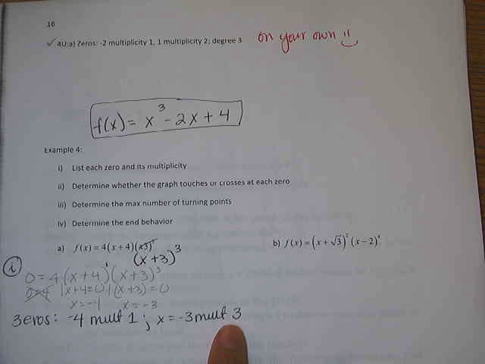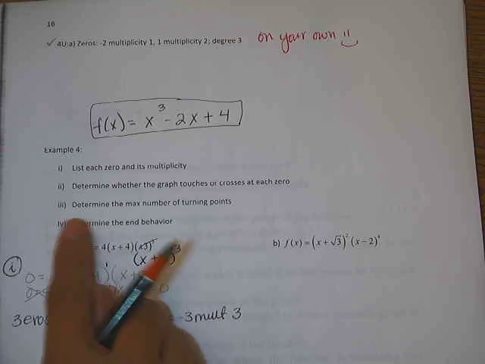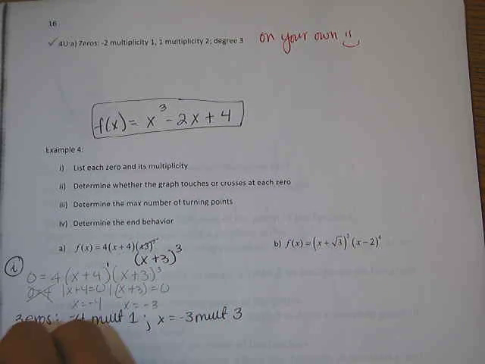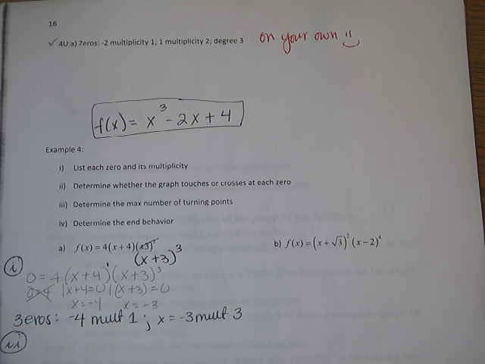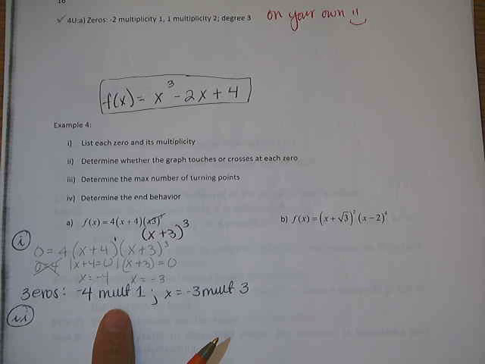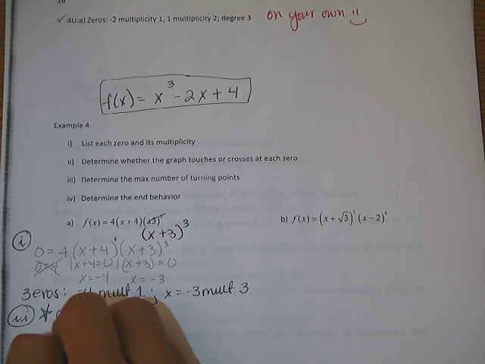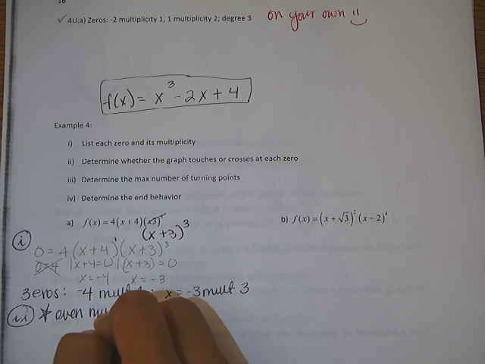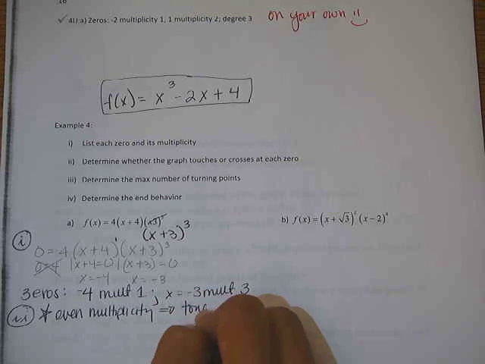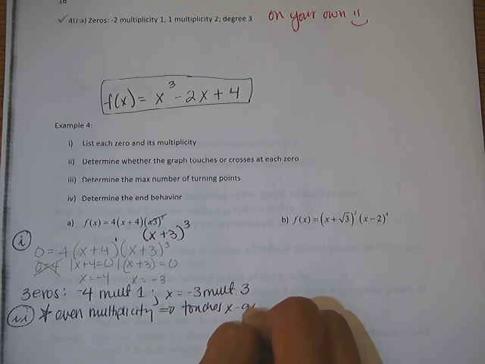So that's 1i. 2i says determine whether the graph touches or crosses at each 0. If you recall, even multiplicity will touch, right? So let's remind ourselves. Even multiplicity, meaning touches the x-axis.